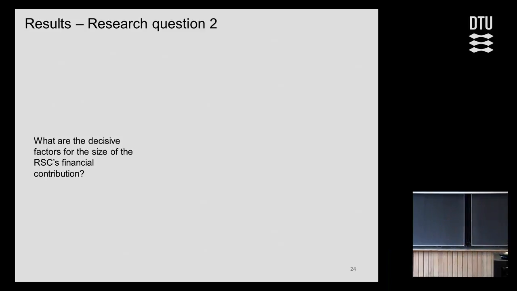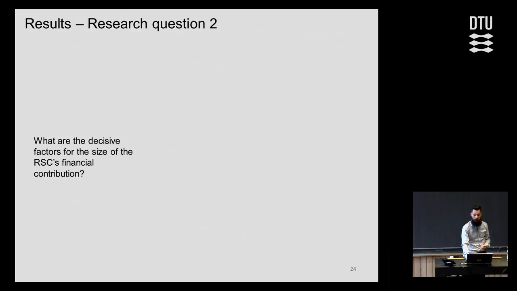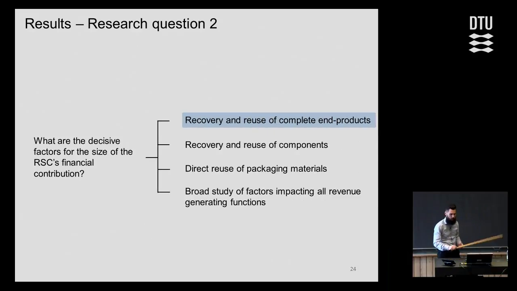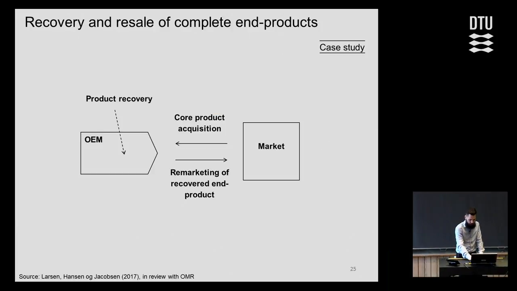Before I began this study, I chose a set of reverse supply chain functions for which I wanted to identify these decisive factors. That's the top three here: recovery and reuse of complete end products, recovery and reuse of components, and direct reuse of packaging materials. I also studied more broadly the factors that impact all the revenue-generating reverse supply chain functions.